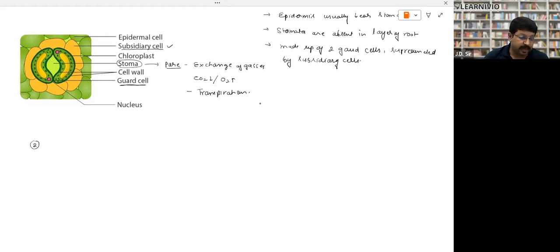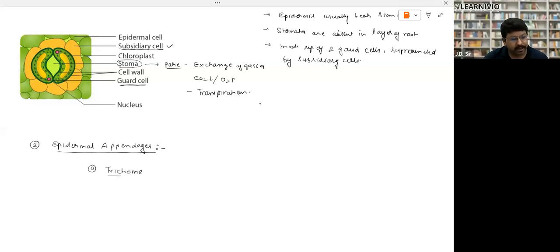So the second subheading will be epidermal appendages. In epidermal appendages, first there are trichomes, right? So please note down, A: trichome.